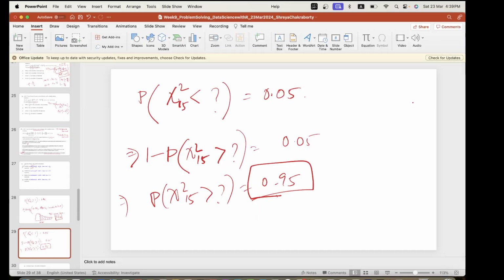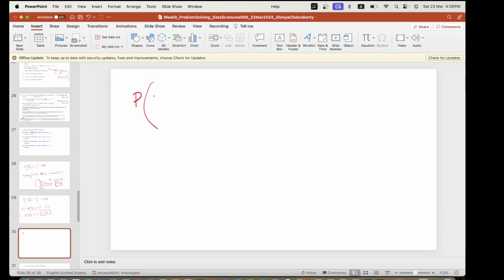So for example, let's say if I want to find out probability that chi-square 6 greater than x equal to 0.025. Suppose this is what I want to find out.